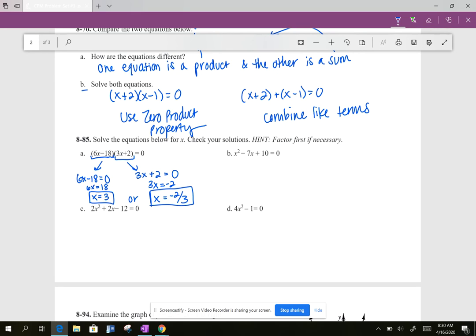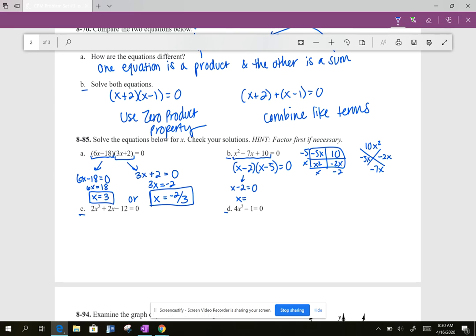Okay, for B, C, and D, you will have to factor first. I'm going to do this fairly quickly. Okay, so rewrite x squared minus 7x plus 10 as x minus 2 times x minus 5 equals 0, and then set each piece equal to 0. x minus 2 equals 0.